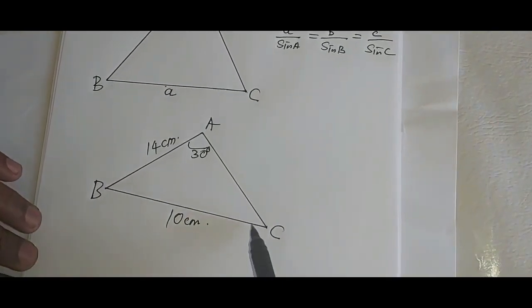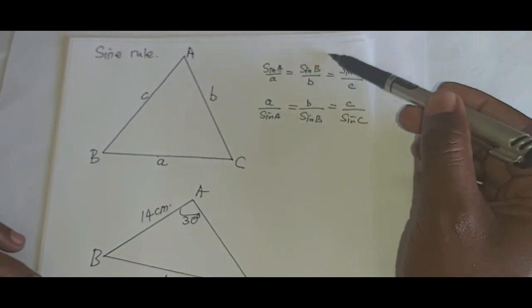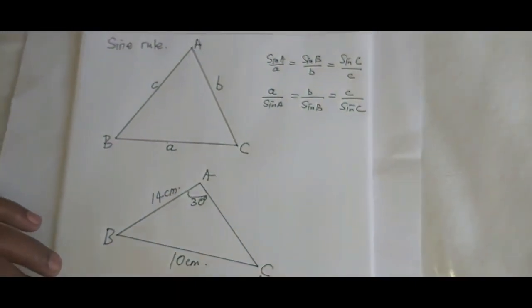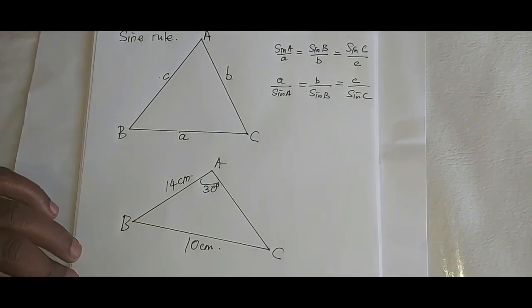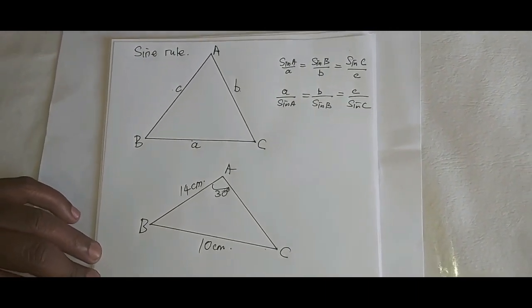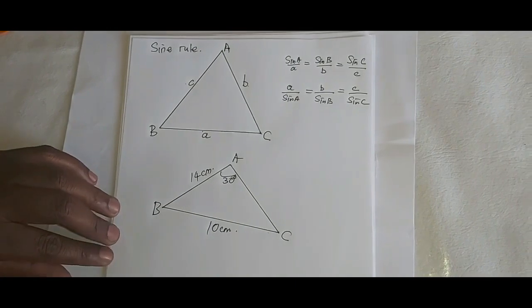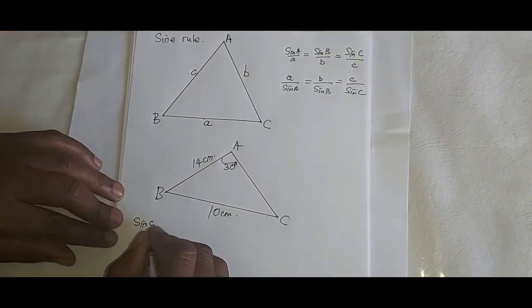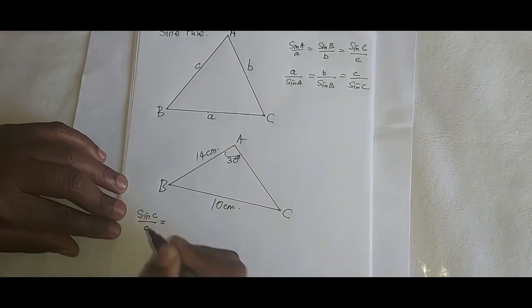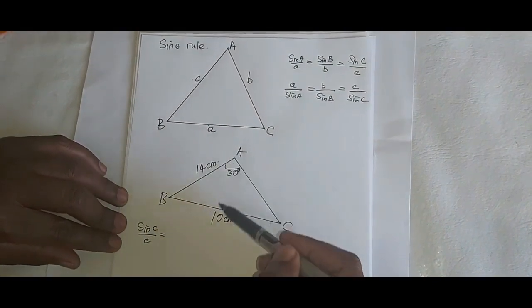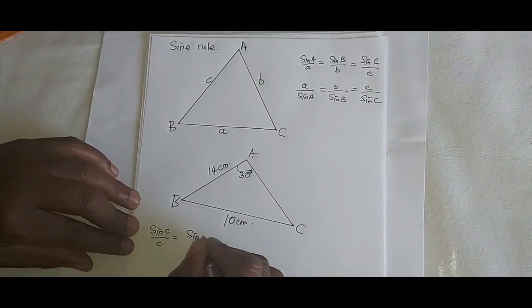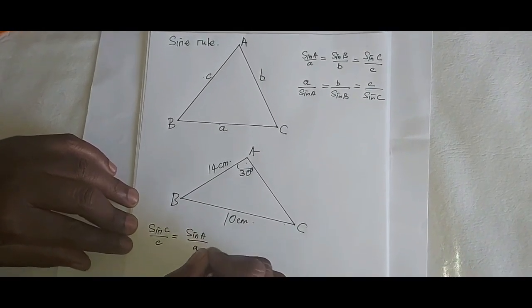As we find angle C, we use the top formula. Let me emphasize that what you are looking for is what you must write first. Here we are looking for angle C. So I start with sine C over c is equal to, I have this angle and the opposite side, so sine A over a.